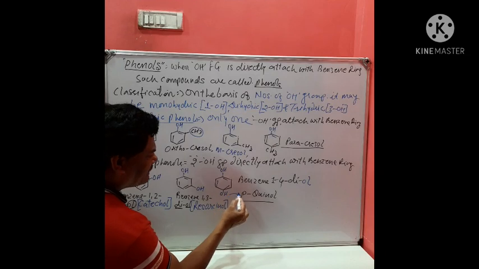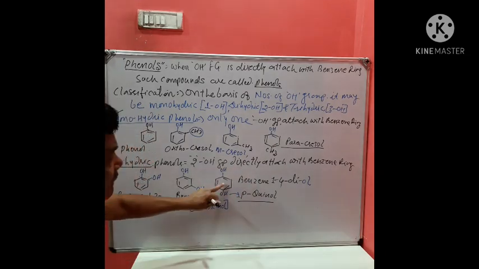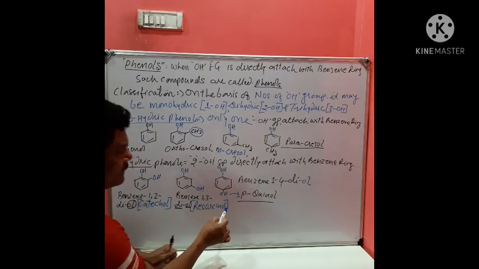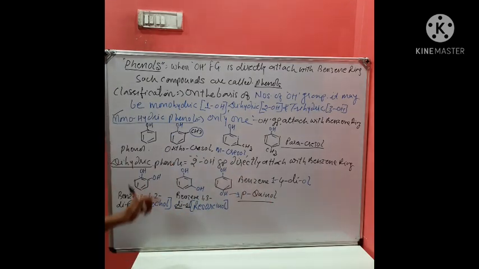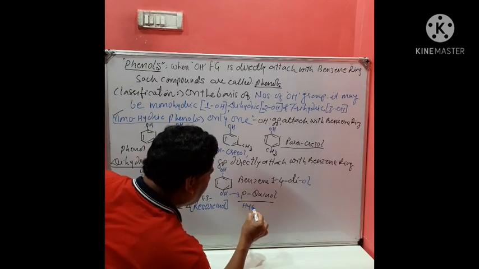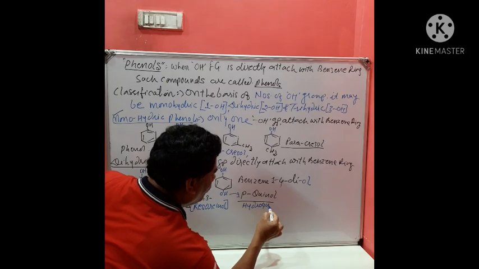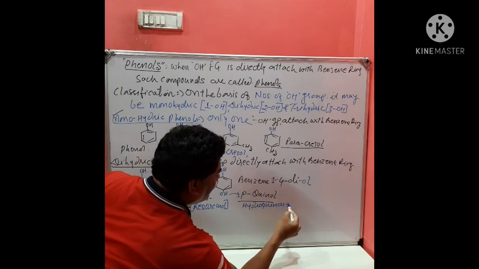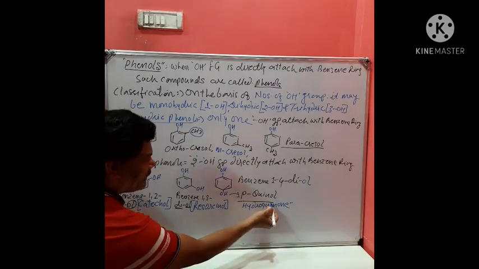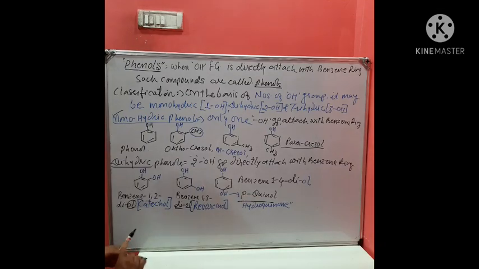Paraquinol because this position is termed as para, and the compound becomes what? Quinol. Like catechol, resorcinol and quinol. This is also known as hydroquinone. Hydroquinone. Okay, in advanced chemistry, you have to study about it. Hydroquinone. Okay, so this is secondary.